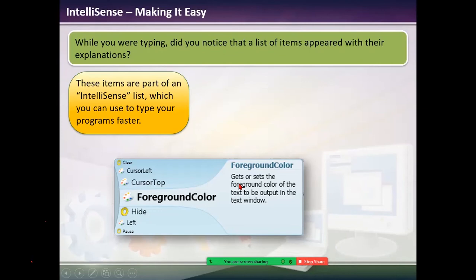This is called IntelliSense technology. Because of this technology, you don't need to memorize each and every command related to the programming language. You may memorize some essential commands only. If you need more and more commands, this IntelliSense technology will help you. That's the thing.